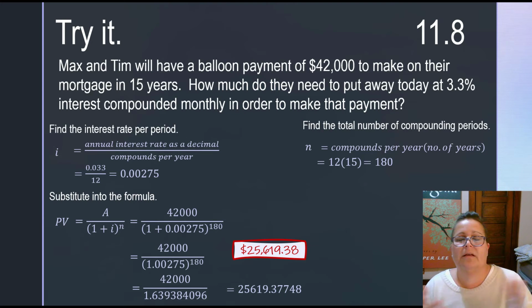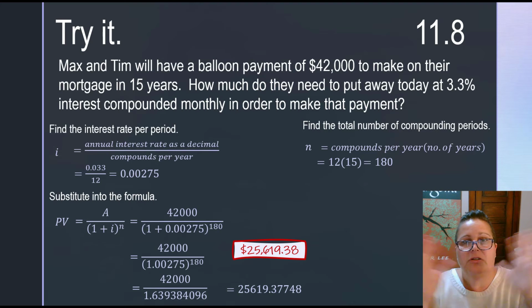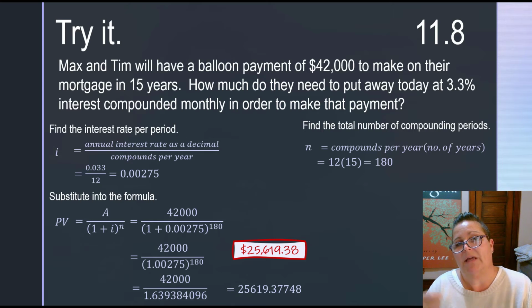Well, I don't know if you're familiar with a balloon payment in a mortgage, but we'll just give you a little bit of finance information here, just a quick overview. So when you do a mortgage, you generally make regular payments, right? Monthly or whatever. If you choose a mortgage with a balloon payment, basically what you're saying to the bank is, I want you to artificially lower my mortgage payment.